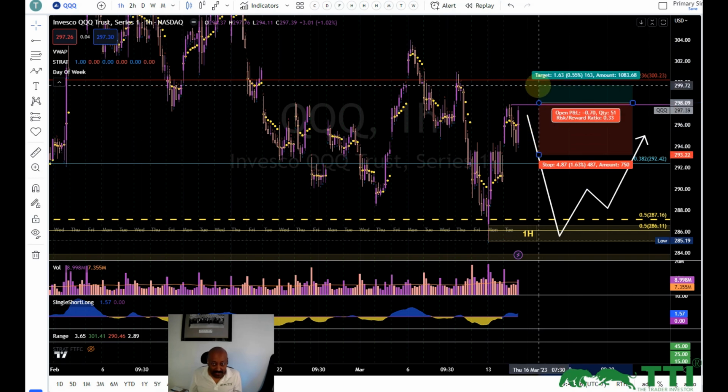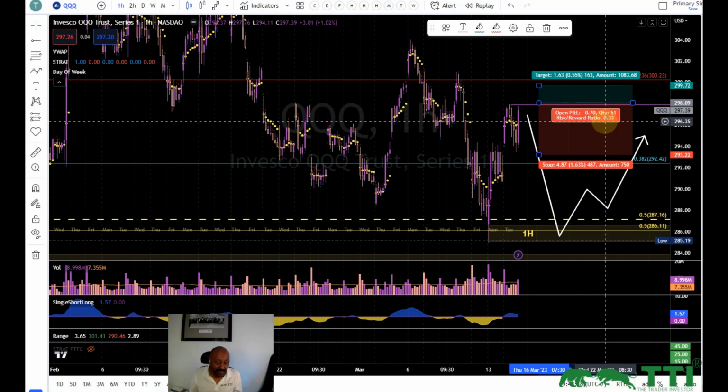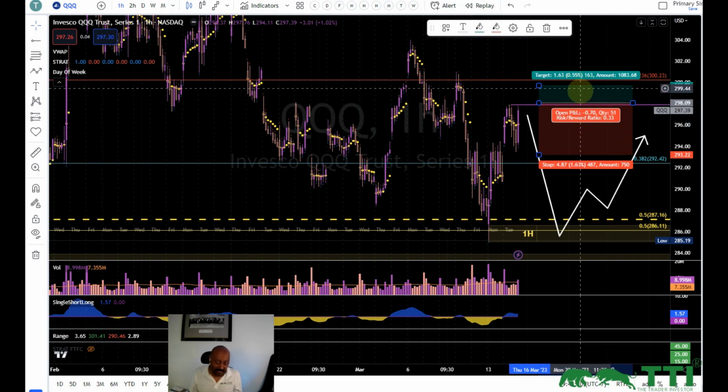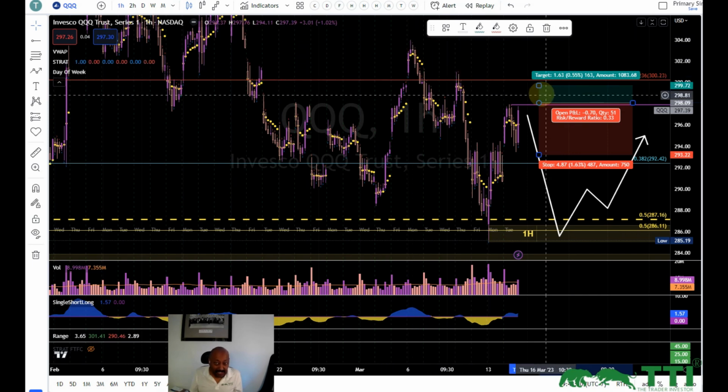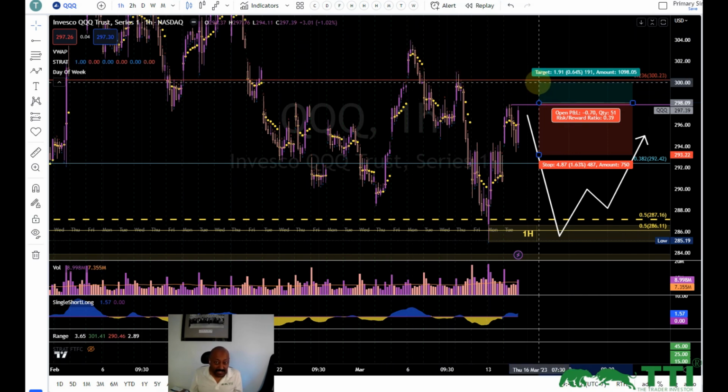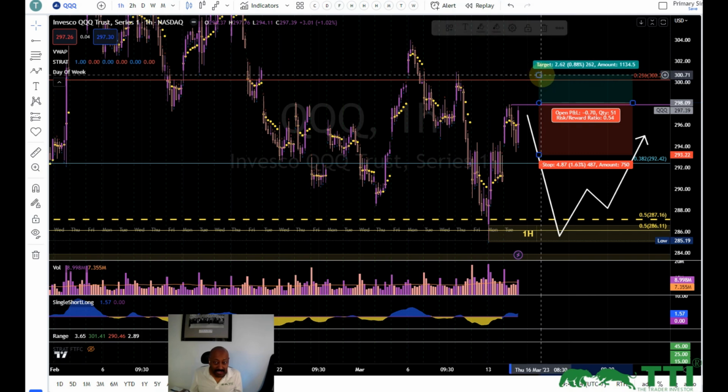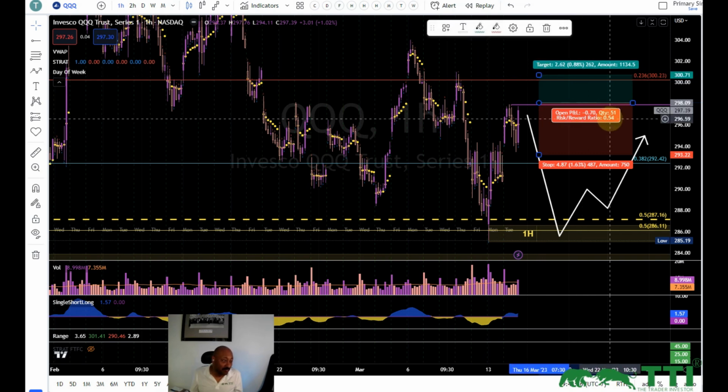My take profit is here. This is a no-brainer for me to skip, because there's just not enough distance for the next area where I will have trouble. Lower high, lower high. So if I target lower high, even if I target it all the way there, it's still at a 0.5 to 1. So this one I'm not going to take.